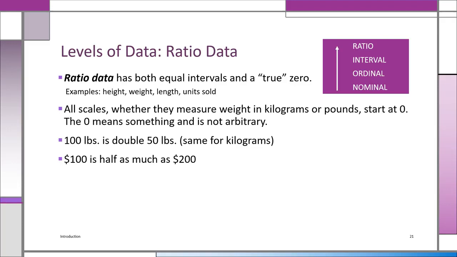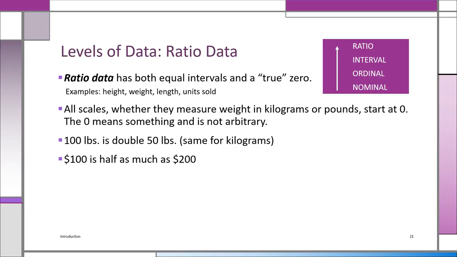Or a line. This line is, let's say, 5 feet long, and you compare that to a line that's 2.5 feet long. You can say, well, this line is twice as long as the other line. 5 feet is double 2.5 feet, and it's going to be the same whether you switch to other units, to inches. It doesn't matter what unit you use; it'll still be twice as long, and that's because you have a true zero.